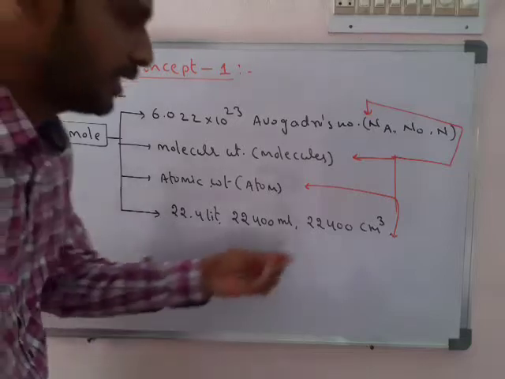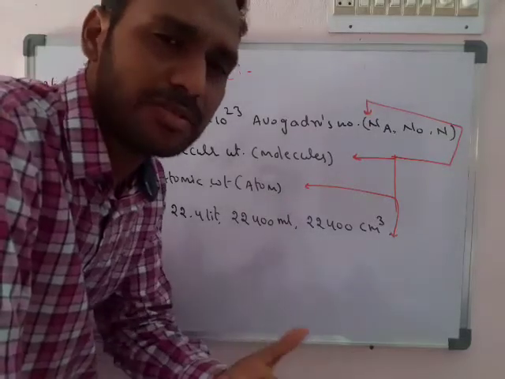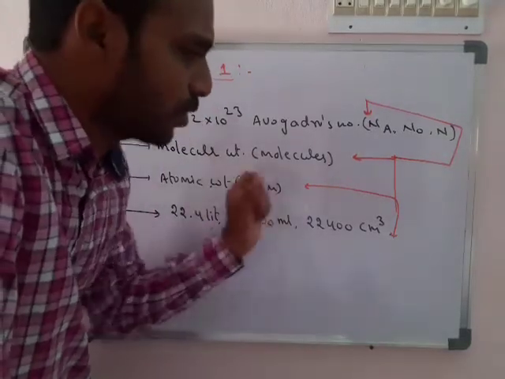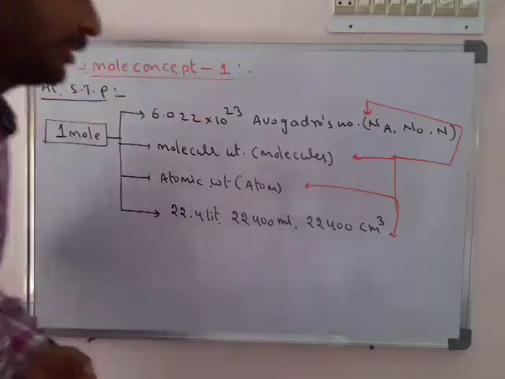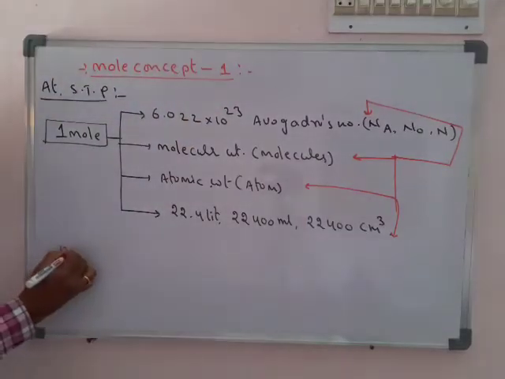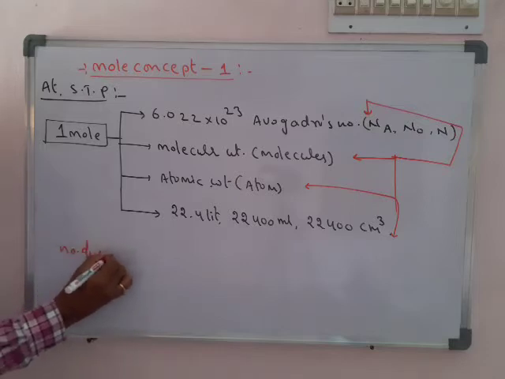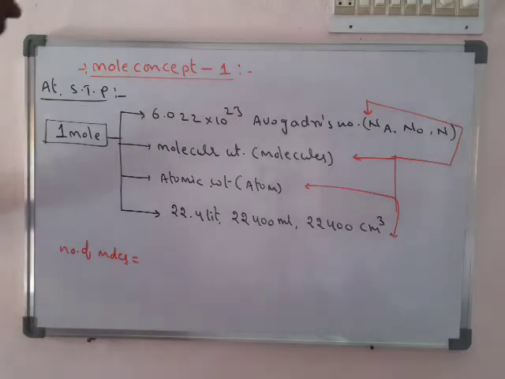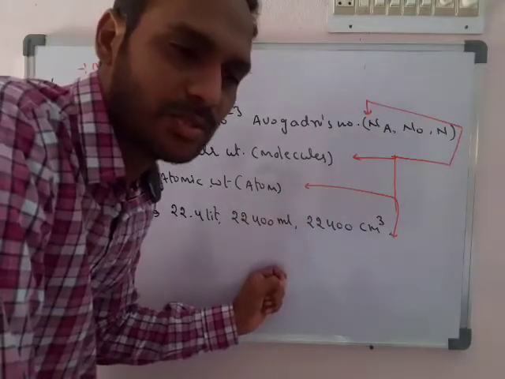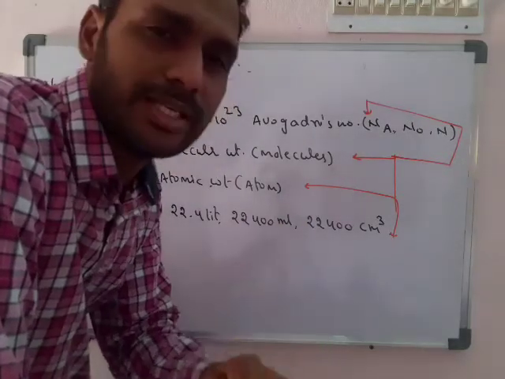Okay, so based on the relations we have some formulas. Every time remembering the relation is good, but to do problems directly, based on those relations we created some formulas.